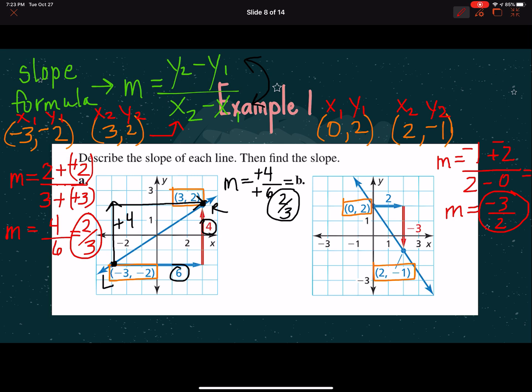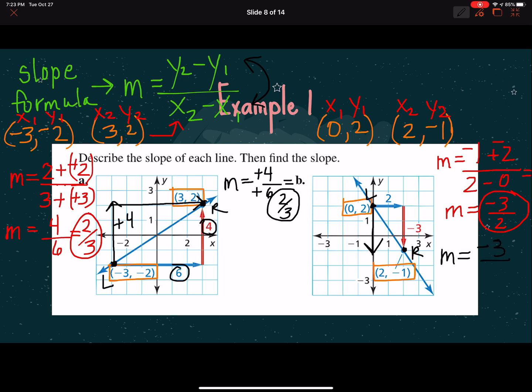Now we can go through the same process because we do have a graph, and we can count from this point on the left to this point on the right. Remember, we're counting the change in y first. So from this point on the left to this point on the right, it is going down 3 units.